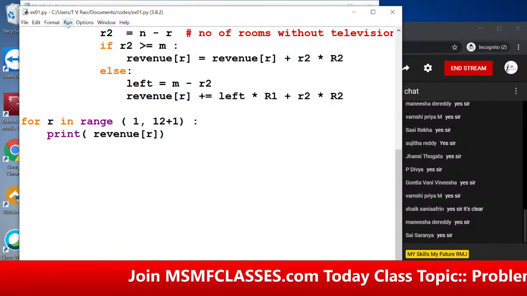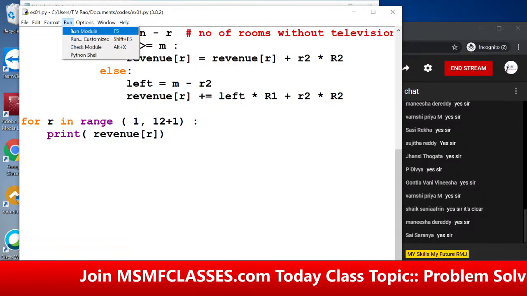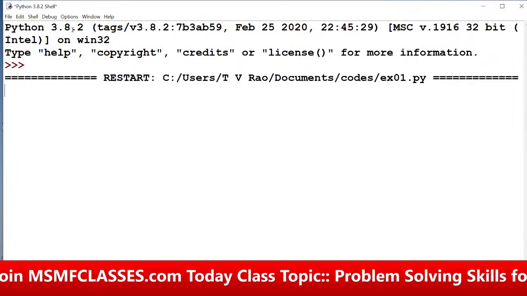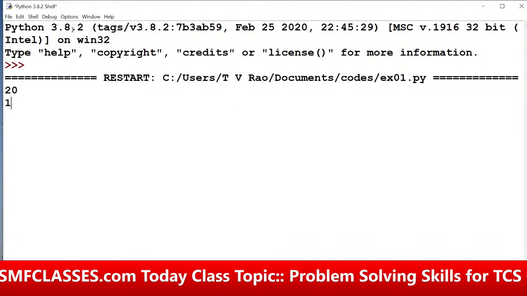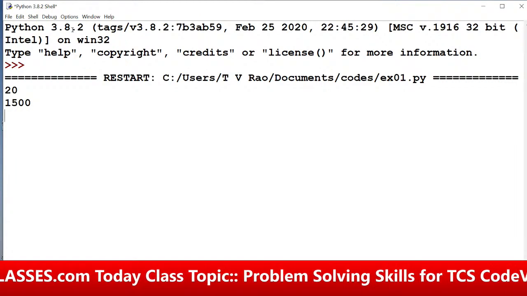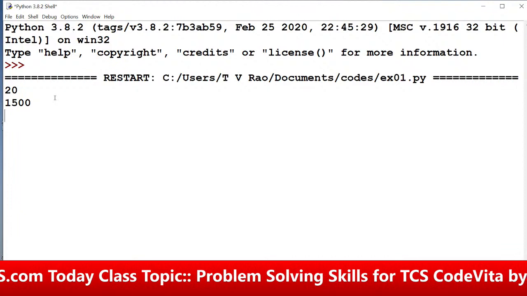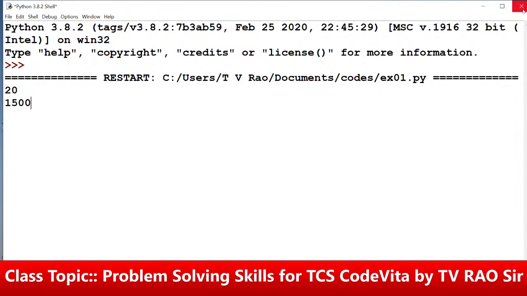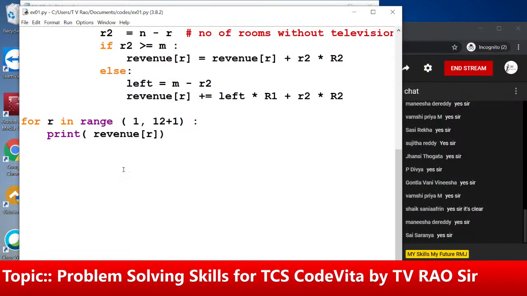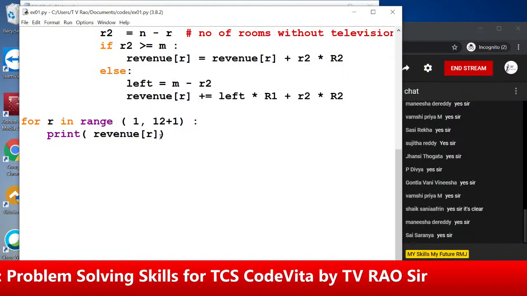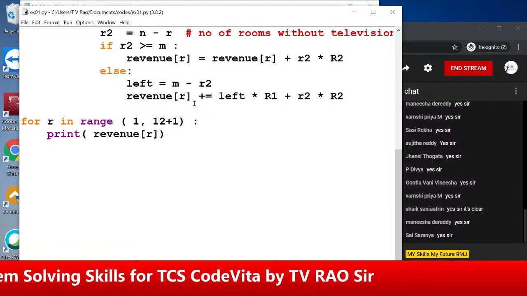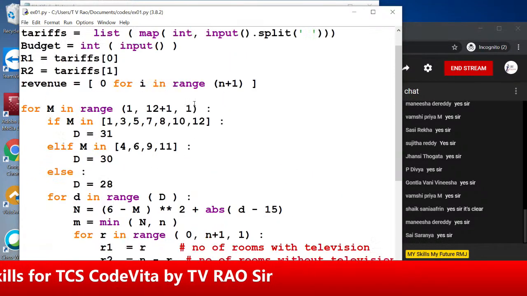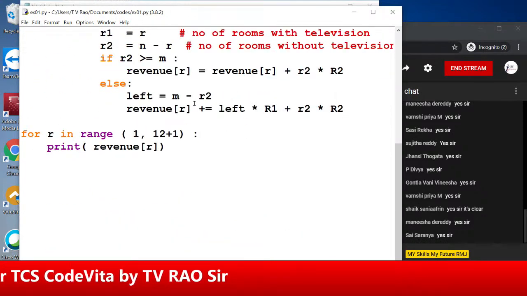What happened? What is number of rooms? Number of rooms is n.